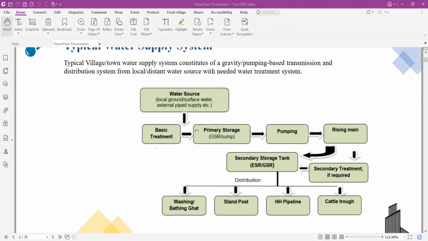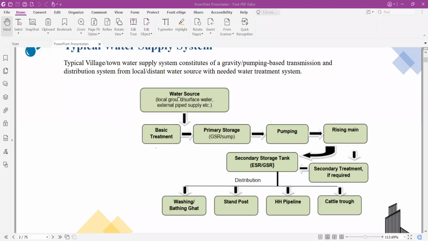So this is the flow diagram of a water supply system, starting from a water source, consisting of surface water. It may be groundwater, it may be a hand pump, depending upon the condition. So basically, we first check the quality of a water source.